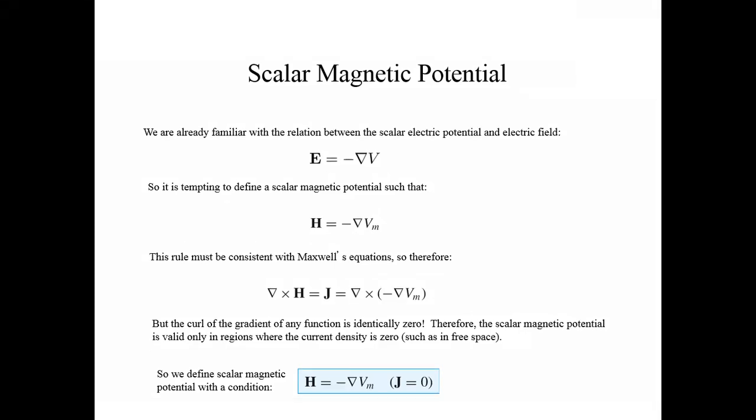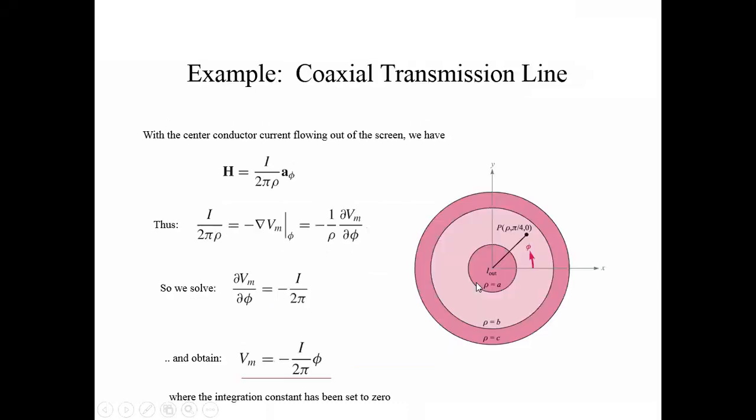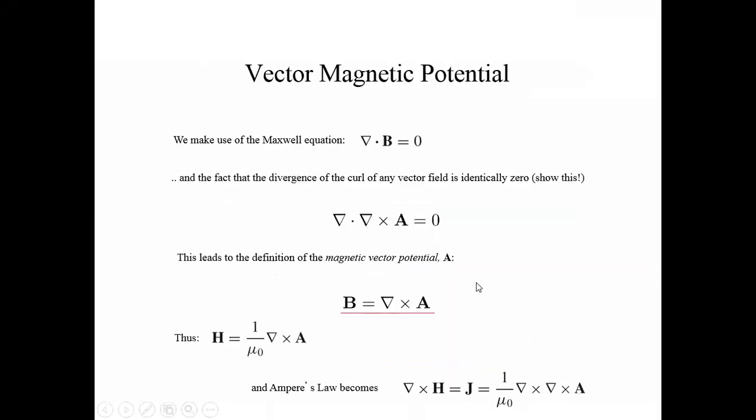So I need to deal with some other potential which should not have this restriction, and this is our other potential, the very important magnetic vector potential. Very important because this is applicable for all cases.